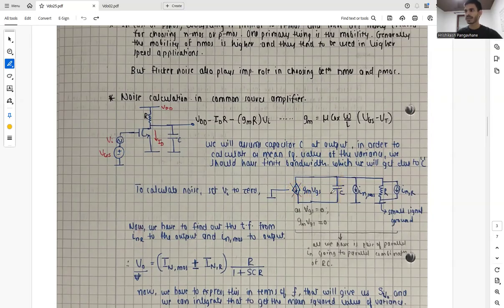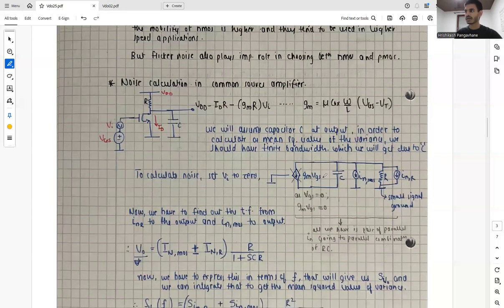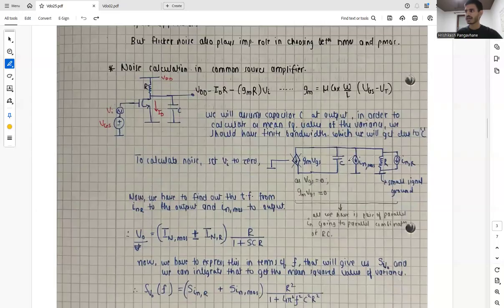Then we have C, then we have a current source due to the noise in the MOSFET, and we also have a resistor to the small signal ground, which also has its own current source due to noise. All we have here is a pair of two parallel current sources due to noise, which add up and pass through the parallel RC combination.